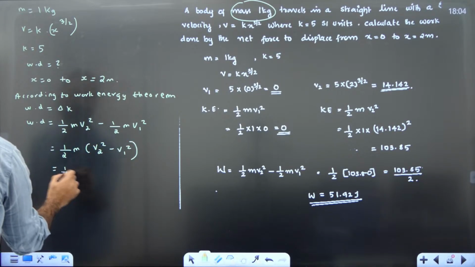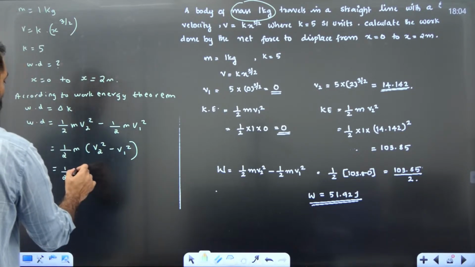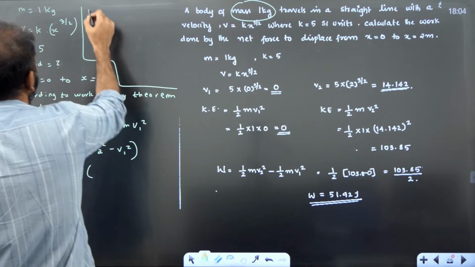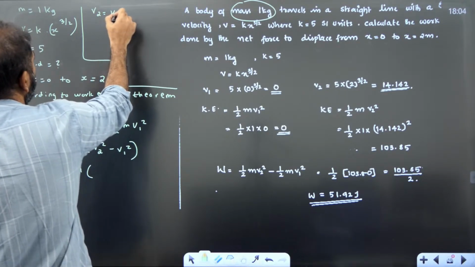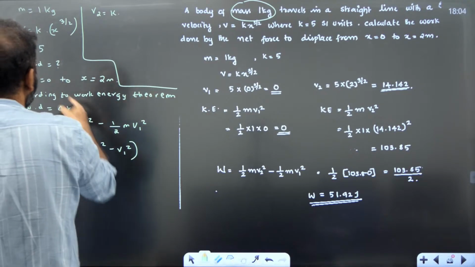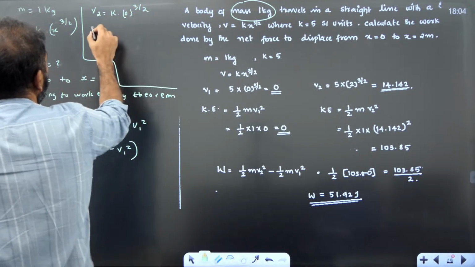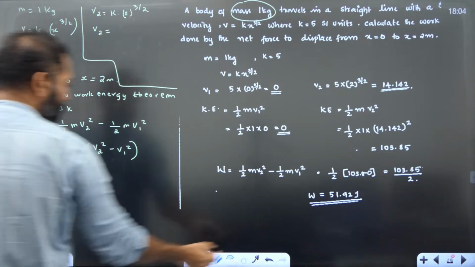So half into, what is the mass here? Mass 1. Into what is the final velocity? v2 means the final case.